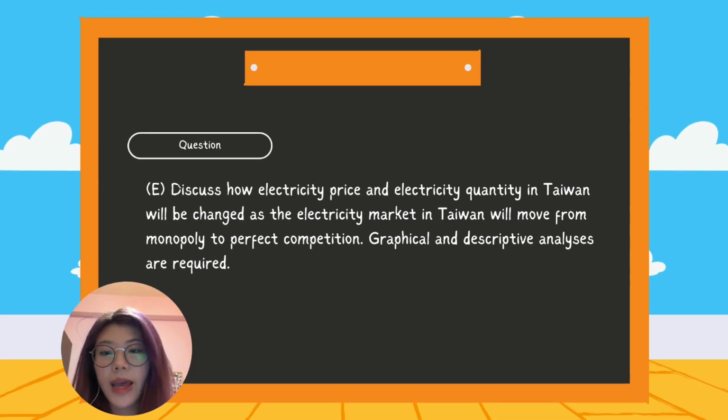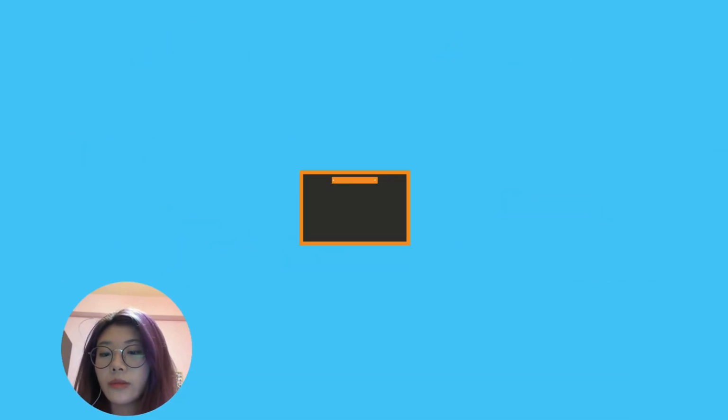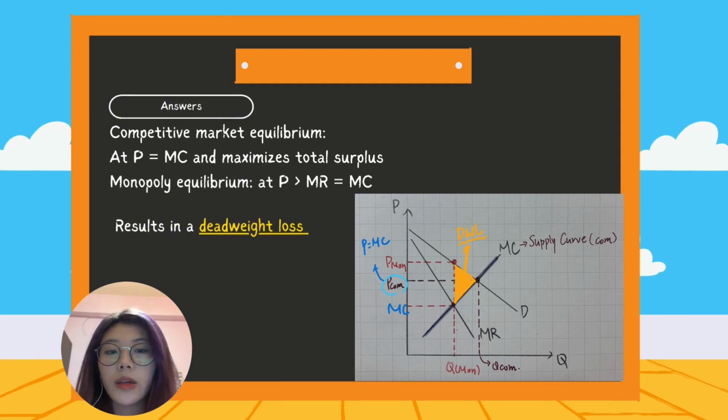Last, discuss how electricity price and electricity quantity in Taiwan will change as the electricity market in Taiwan moves from monopoly to perfect competition. So, from the previous diagram in question D, we can see the electricity price falls and quantity increases when the market moves from monopoly to perfect competition.